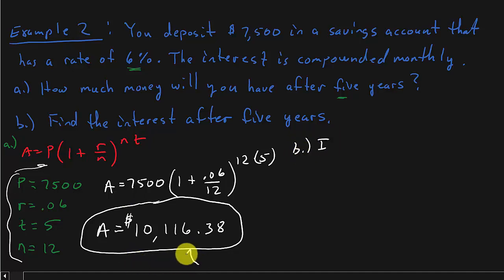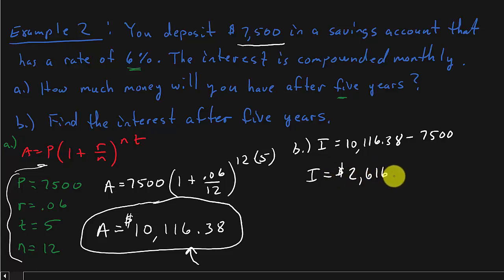Well, if this is how much you'll have total at the end of the 5 years, and you started with 7,500, how much interest did you get? Well, that's just the 10,116.38 minus the 7,500. And so that's going to give me interest is 2,616.38. And that's the interest.